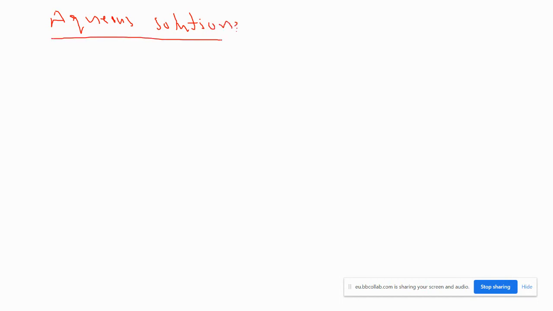If the solvent of your solution is water, we call it an aqueous solution, and we write AQ in brackets. So today we are not talking about just any solution, rather we will talk about the aqueous solution, because the most common solution in our practical life is the aqueous solution.